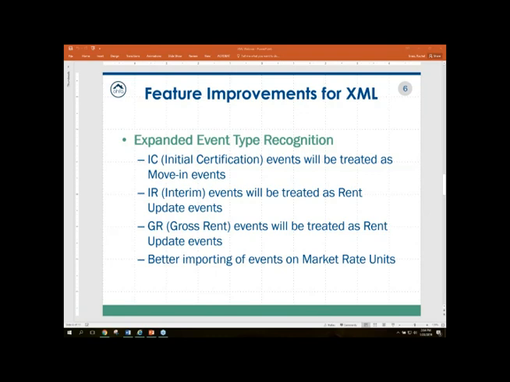Interim events have been able to go into DevCo as well, and by default, they're treated as rent updates in most cases now, but there's some intelligent design to how it picks those and what event type is selected, and we'll get into that more in a bit. There's also gross rent events. They'll be treated as rent updates now through the XML upload, and the market rate units are better able to be imported now.